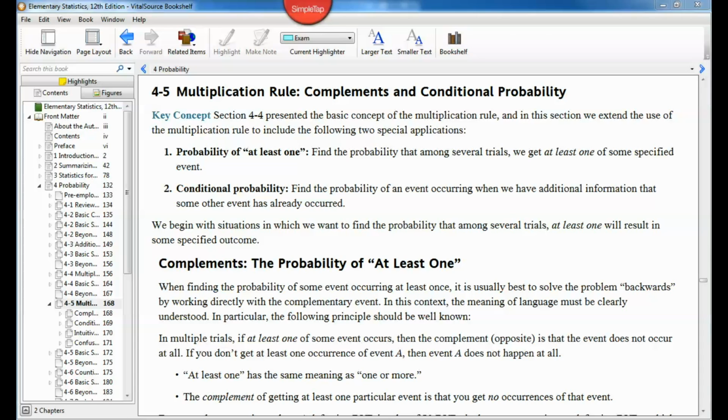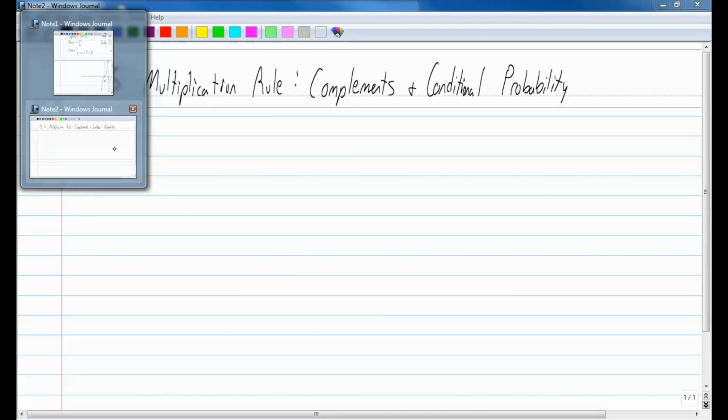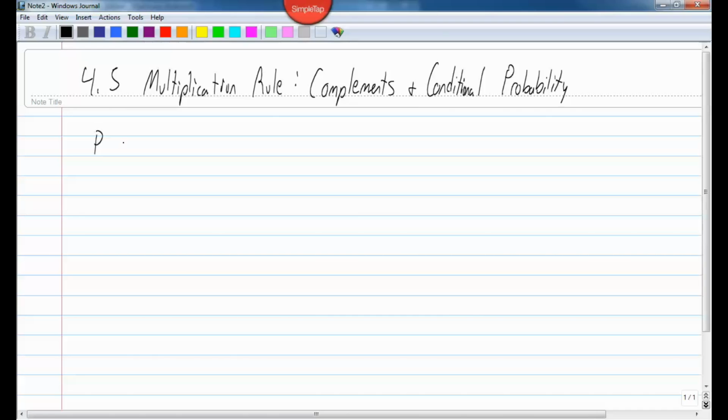The complement of at least one. So we have the probability of at least one. The complement of that is equal to the probability of none.